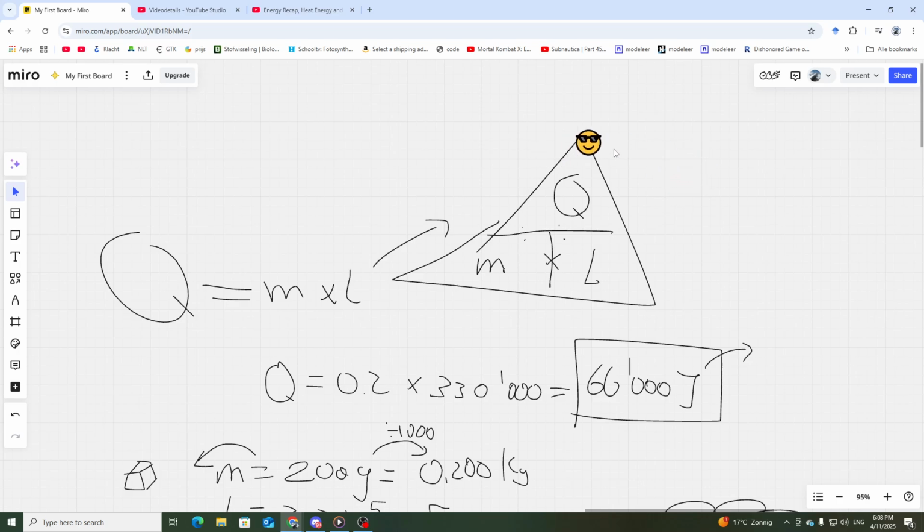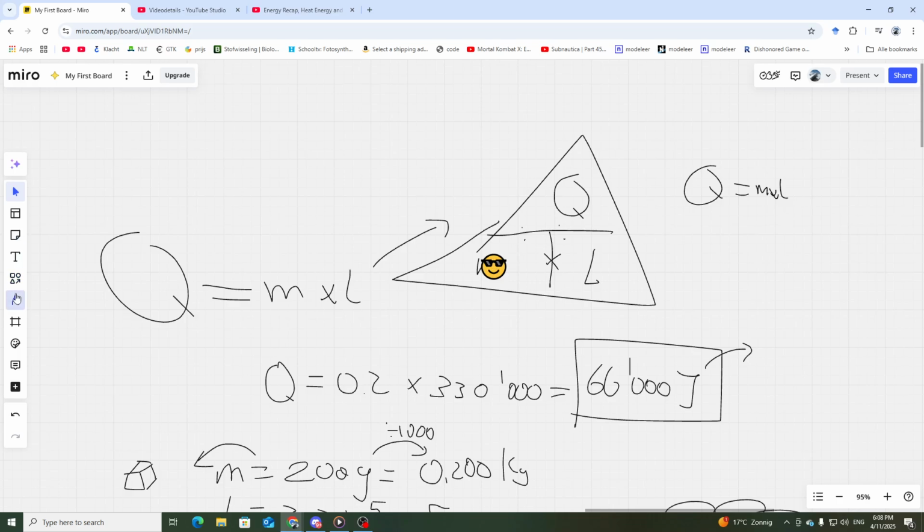Let's say I need to calculate Q. I will cover Q with my hand, and then I can look at the triangle. And I see only M times L. So I know that my formula is Q is equal to M times L. Because when I cover Q, that is what I see. If I need to calculate M, I cover M in the triangle.